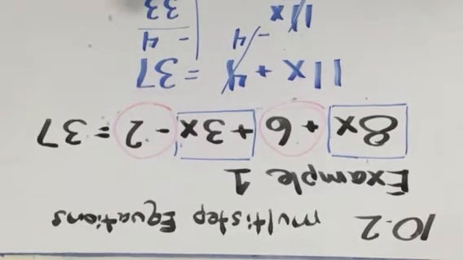On the other side, 33 divided by 11 gives us 3. So our answer looks like x equals 3.